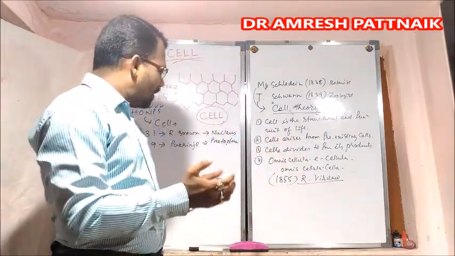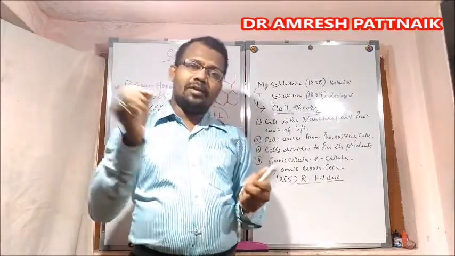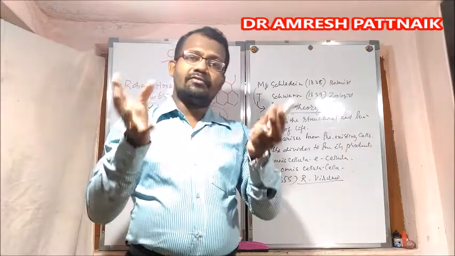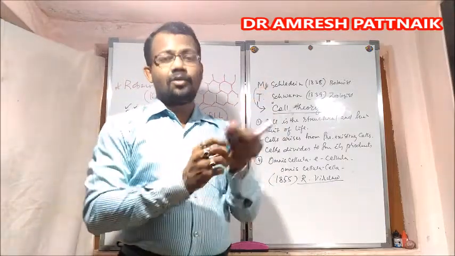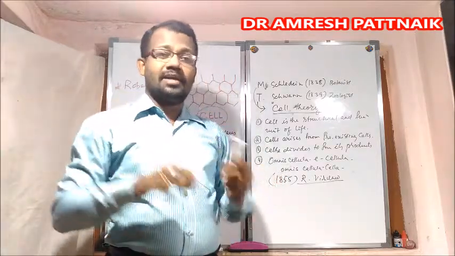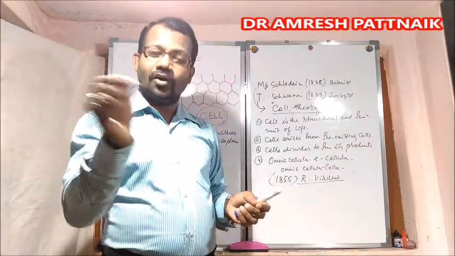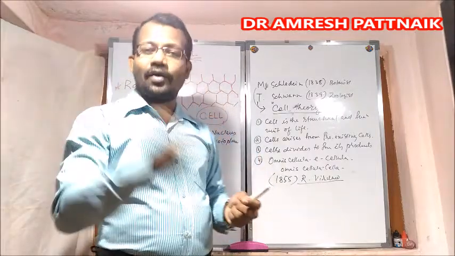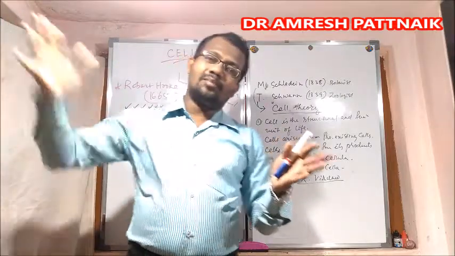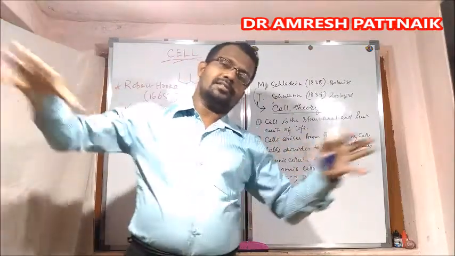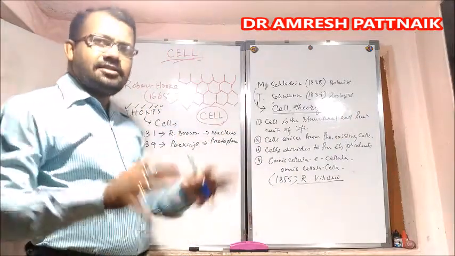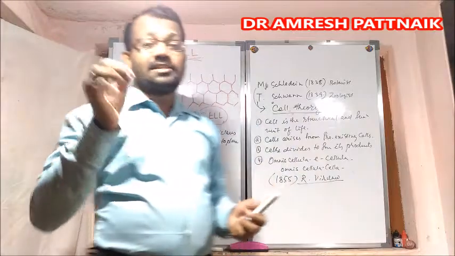As we know, cells combine to form tissues, tissues combine to form tissue systems and organs, organs combine to form organ systems, organ systems form the organism, and it extends up to the biosphere.